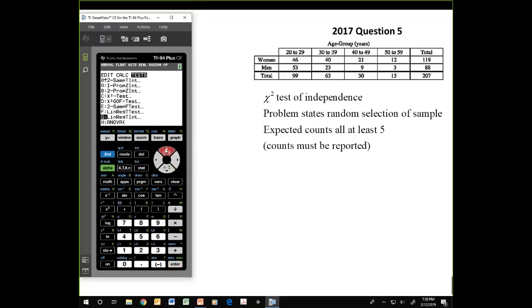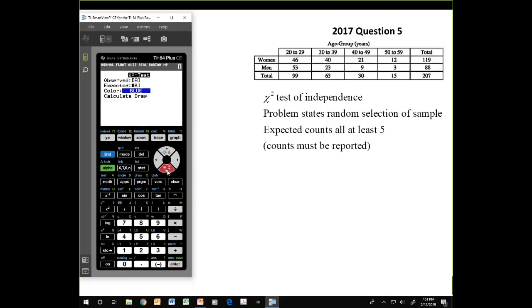And this is a chi-square test. Matrix A is where my observed values are. You can pick any of the matrices that you want for the expected values.